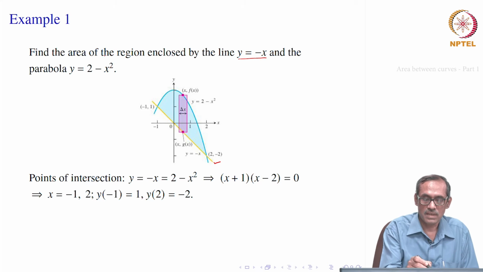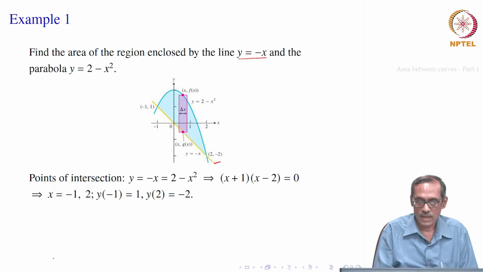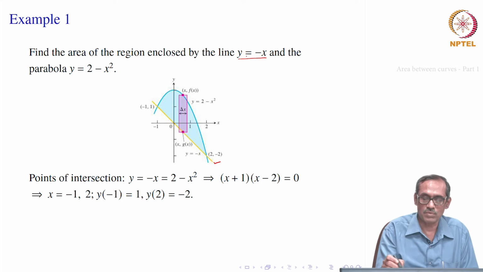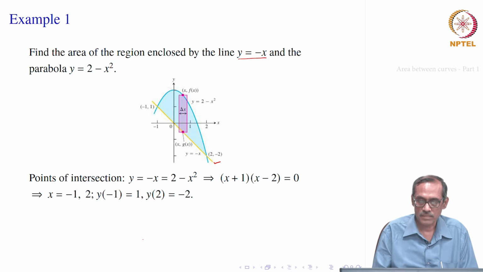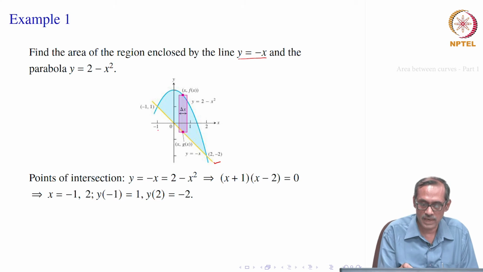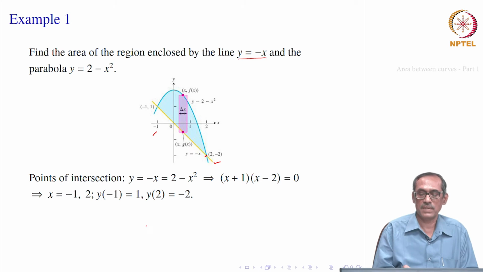So, that means it is assumed that these two curves intersect at least at 2 points, so that between those 2 points you can find the area. It so happens one is a line, another is a parabola, so they intersect at exactly 2 points. So, you get one point here x equal to minus 1, another point x equal to 2, but let us find them. The picture may be misleading sometimes, we do not know whether it is plotted correctly or not.